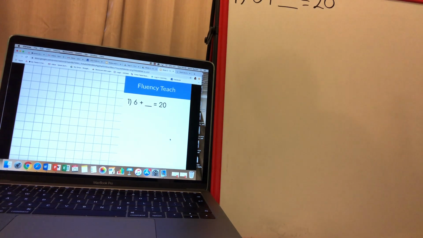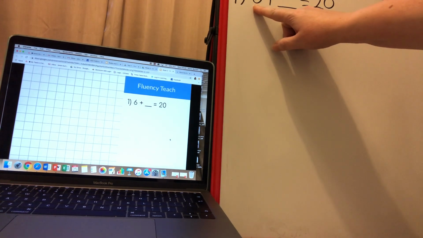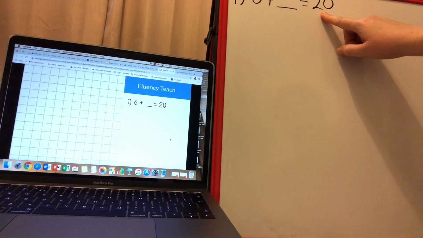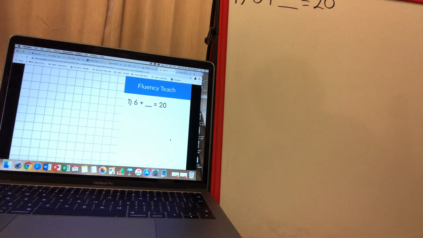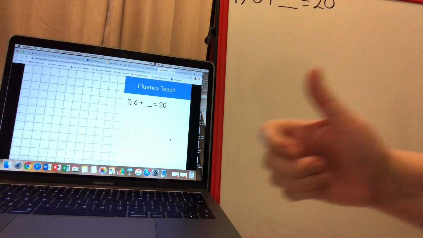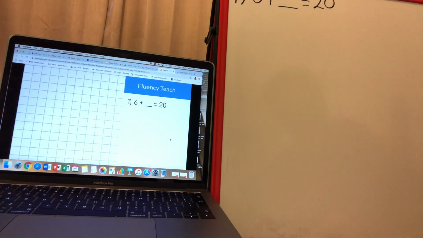Right, we might need a different way to do this today because we don't have any bead strings at home, so I think we may have to draw beads to work out the answer. So we're going to put 6 in our head and then we're going to count on to 20. Every time I count on another number, instead of holding up a finger, I'm going to draw a little circle to be a bead.